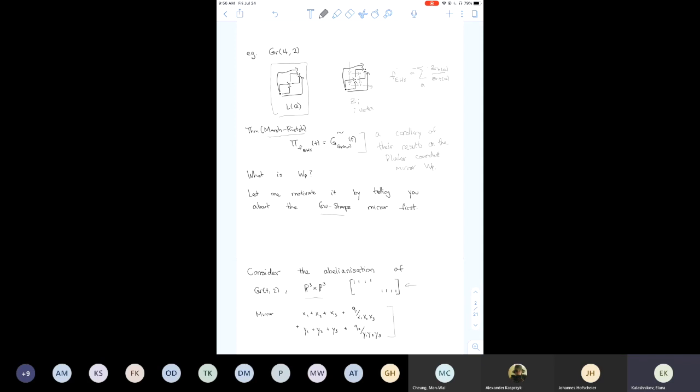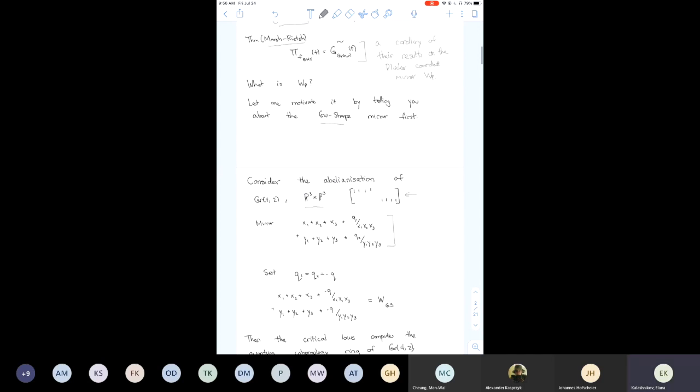And so if you now set, so this has too many quantum parameters to be the mirror to the Grassmannian, but there's a well-known way of solving this problem coming from, for example, the original conjecture of Batyrev, Ciocan-Fontanine, Kim and van Straten, which is that you can specialize them by setting q1 and q2 equal to just one quantum parameter, the negative, because 2 is even, which we think of as the quantum parameter coming from the Grassmannian.